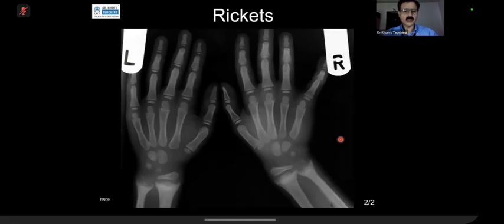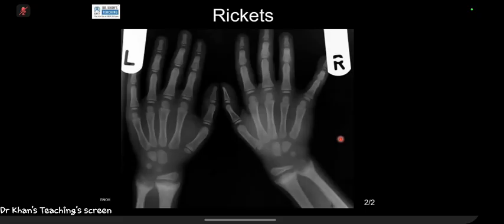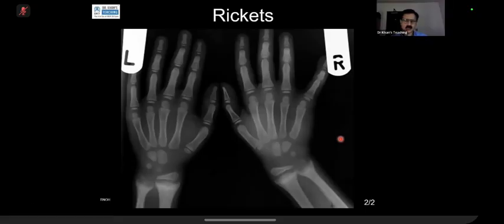I'll take over. Now in rickets, what happens is, now we are into the world of metabolic. So please remember the concept that bone is made up of two components. One is protein and second is mineral. I am keeping it very, very simple. The protein is known as osteoid, and the mineral, of course, calcium is the main thing.